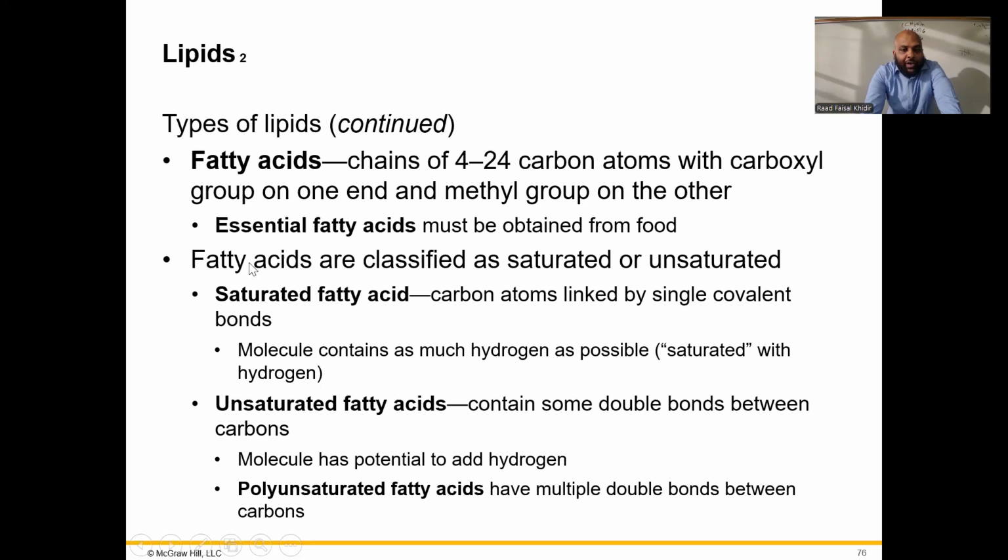And there are also fatty acids that are classified as saturated or unsaturated. Saturated fatty acids have carbon atoms linked by single covalent bonds. Saturated means they are saturated with hydrogen. Unsaturated means they do not have as much hydrogen.